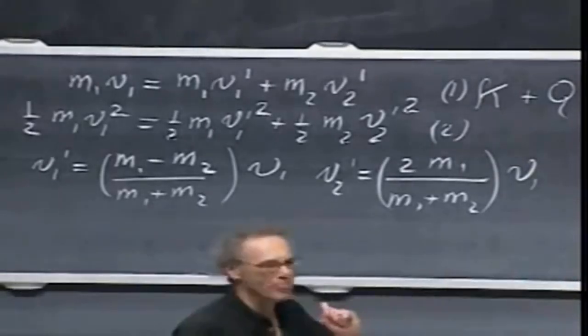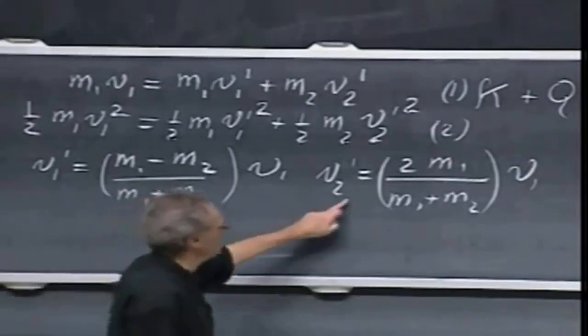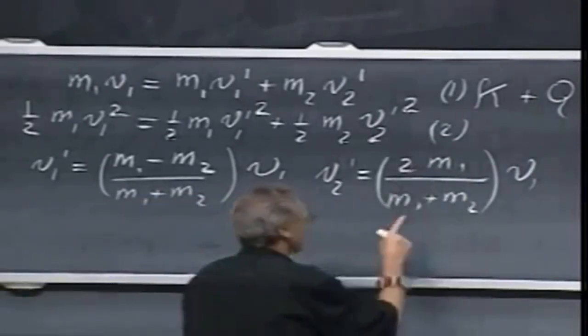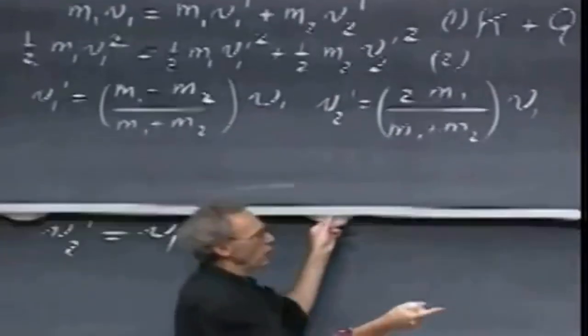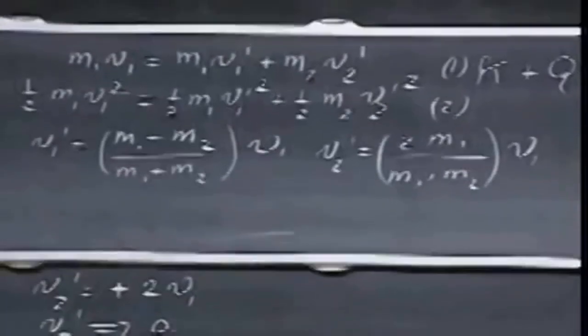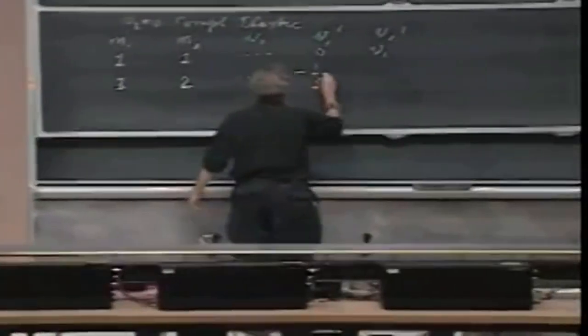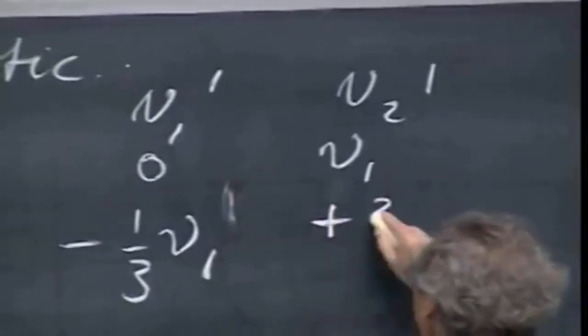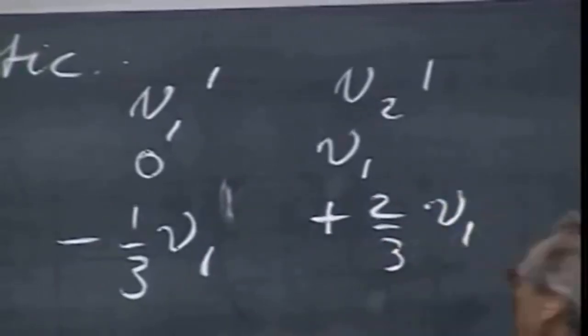So that's minus 1/3. And when we look here, we have 2 times 1 divided by 1 plus 2 is 3. That is plus 2/3. So number 1 will come back with a speed 1/3, which of course, since this is sign sensitive, we get 1/3 v1, and this one is plus 2/3 v1.